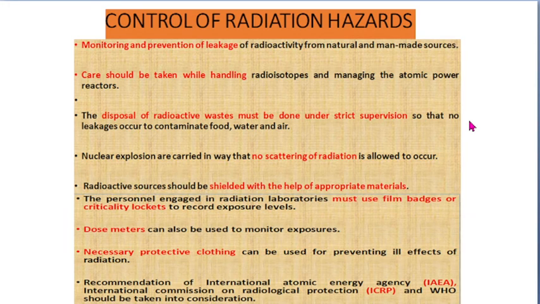Nuclear explosions are carried out in a way that no scattering of radiation is allowed to occur. Then necessary protective clothing is one important factor. When someone is working with radioactive substances, he or she has to wear protective clothes, for example aprons and gloves, so that it will not affect their body.